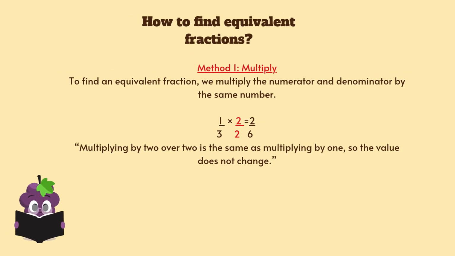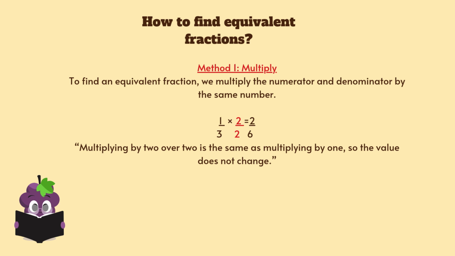How to find equivalent fractions? We're going to explore in this video two methods. The first one is multiply. To find an equivalent fraction, we multiply the numerator and denominator by the same number. So we have here 1 divided by 3.